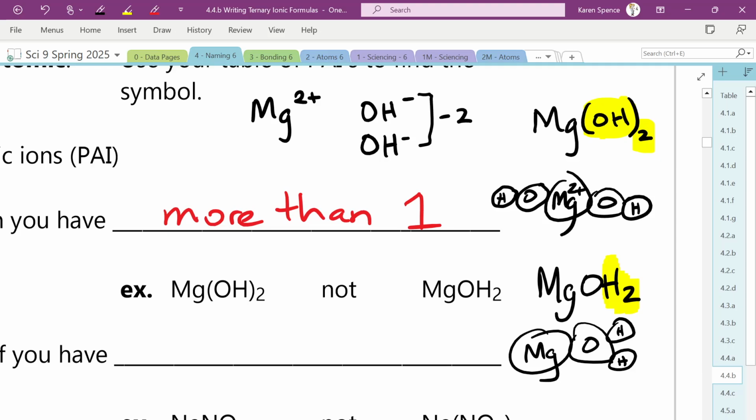And you can see you should have 2 oxygens as well as 2 hydrogens, not just one oxygen and 2 hydrogens. You need to have 2 oxygens and 2 hydrogens. So anytime you have more than one polyatomic ion, you put it in brackets and you put the number on the outside.